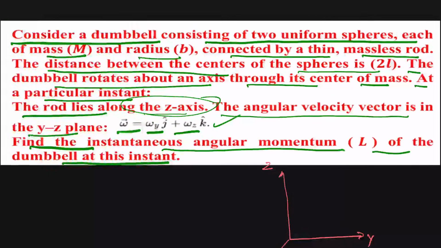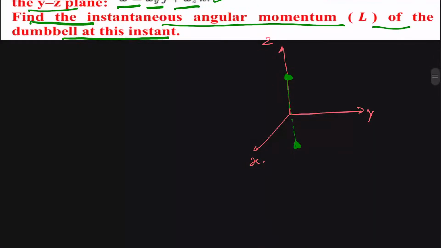So this is y, z, and we have our x. Okay. And we have a dumbbell consisting of two spheres. So let us suppose this is sphere 1 and this is our sphere 2, and they are connected by a rod, and the rod length is given to us as 2L. Okay.